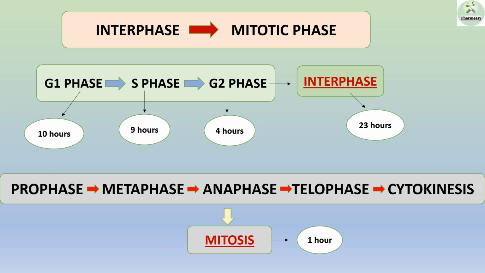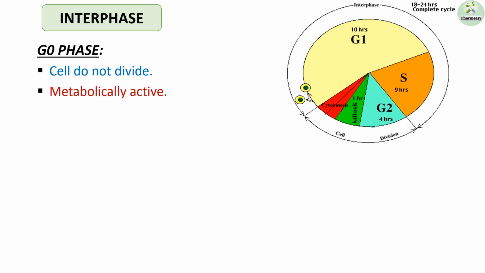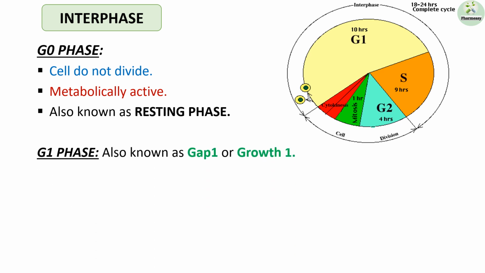Now, we will understand each and every phase in detail. So, let's start with G0 phase. In this phase, cell do not divide but metabolically active, and this phase is also known as resting phase. Next is G1 phase. It is also known as gap 1 or growth 1.